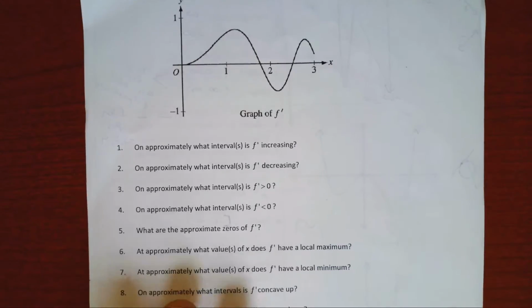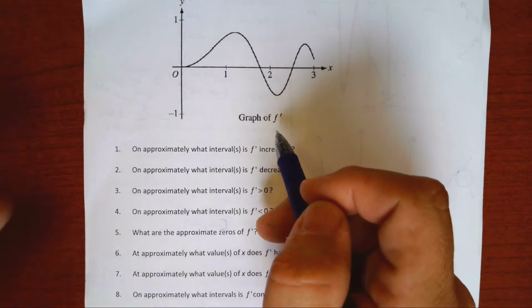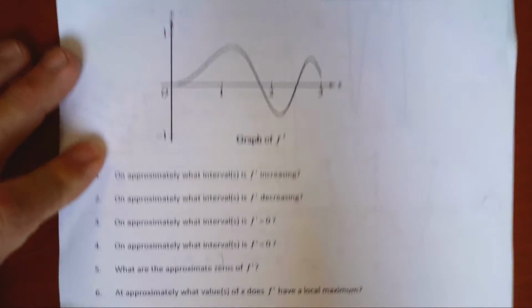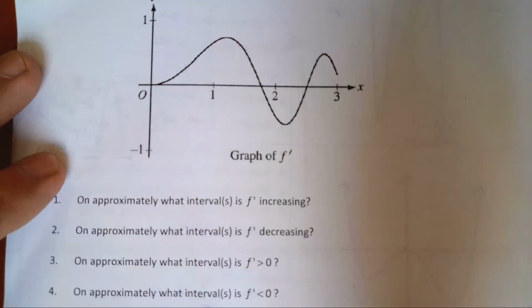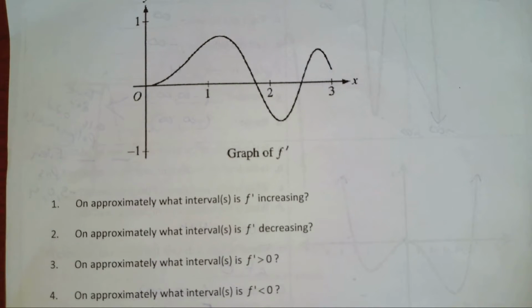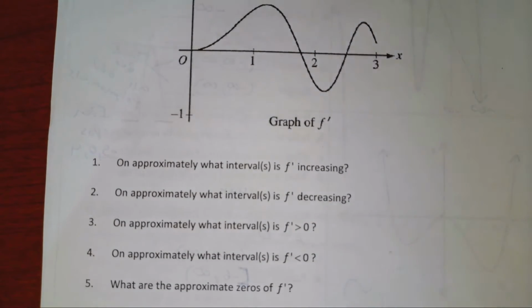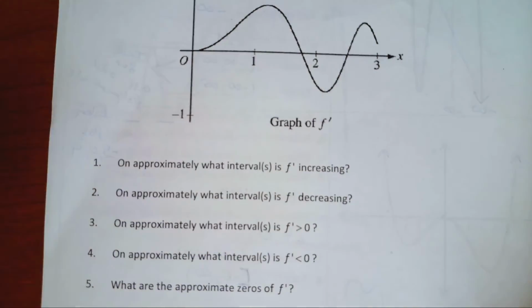All right. So this is just some function f prime. This is its graph. If you remember from algebra 2, you did a lot with increasing and decreasing, right? We always talked about what interval are we increasing and decreasing.